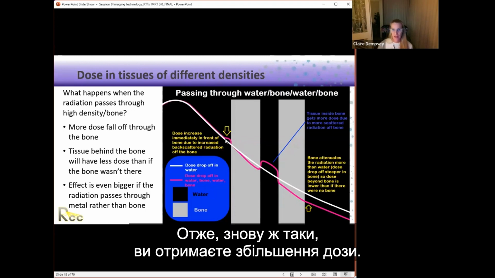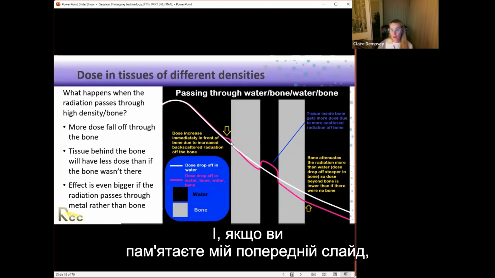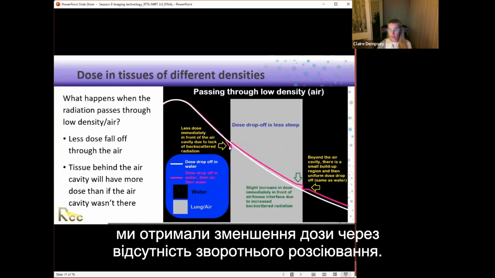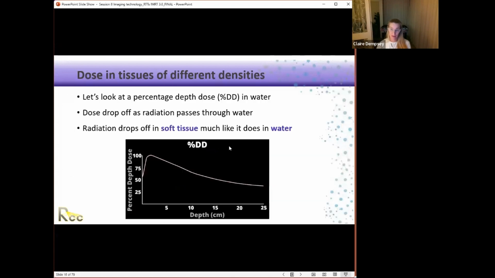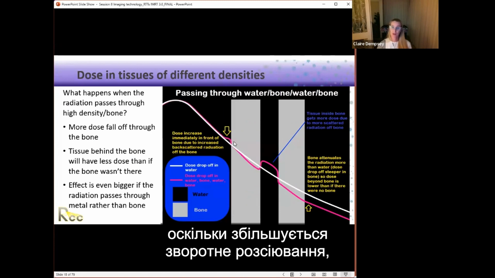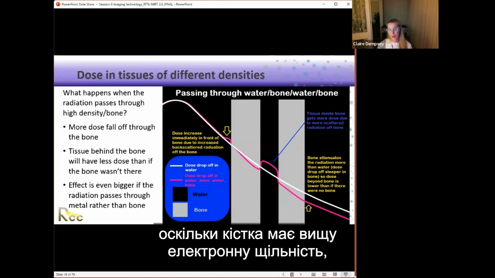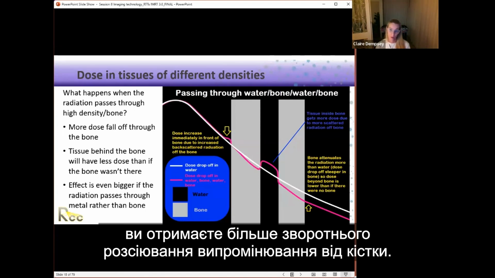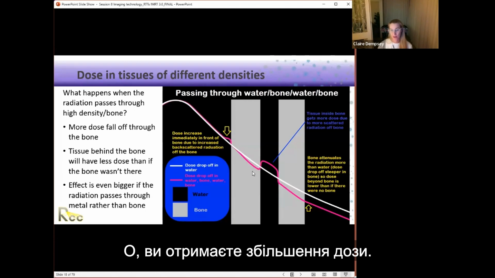Again, you'll get an increase in dose. If you remember my previous slide, we got a decrease in dose because of the lack of backscatter. In this one, we get an increase in dose immediately in front of the bone because we have an increase in backscatter. Because bone is a higher electron density, you're going to get more radiation backscatter off the bone, so you're going to get an increase in dose.